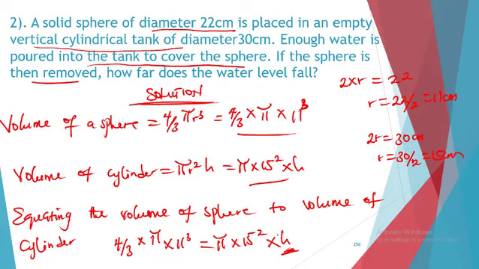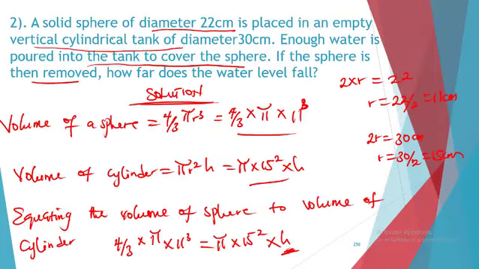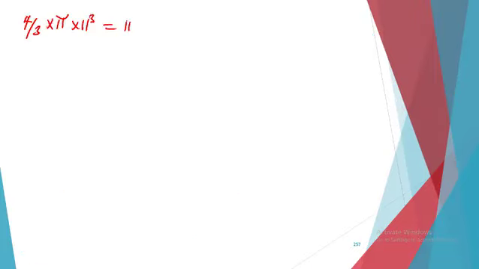So he said, how far does the water level fall? That's the height from which the water falls, so we are looking for this h. Okay, so let's go over to the next page. We'll have 4 over 3 times pi times 11 raised to power 3 to be equal to pi times 15 squared times h.